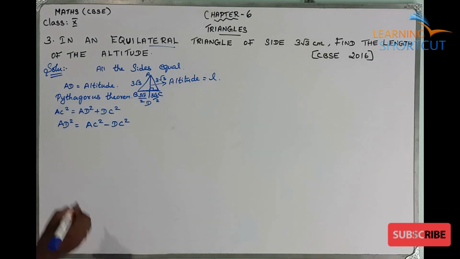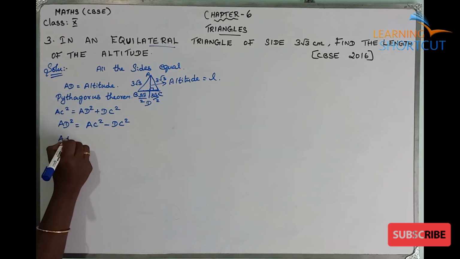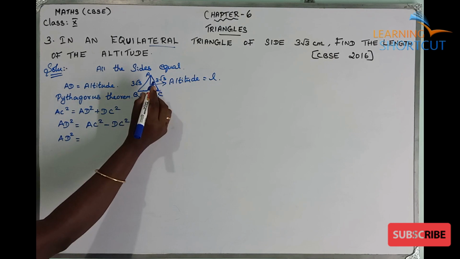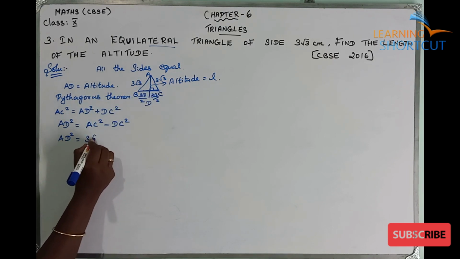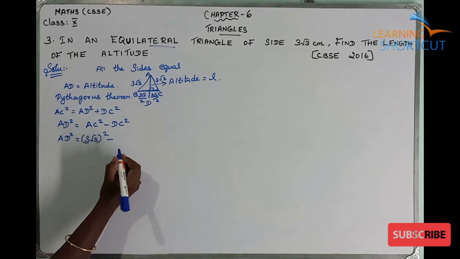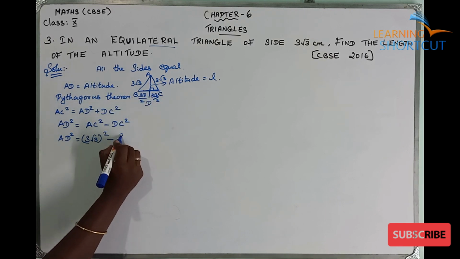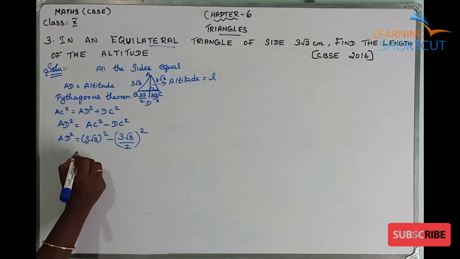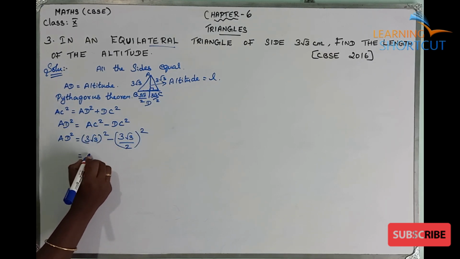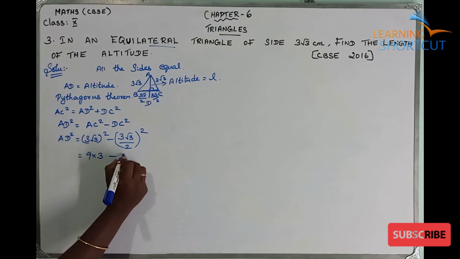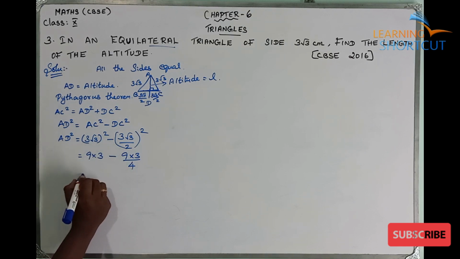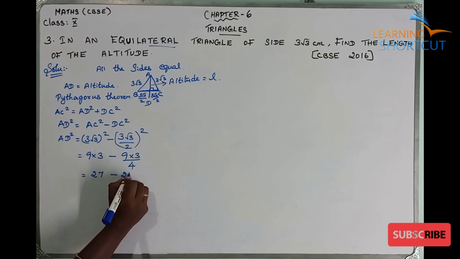Okay. Now substitute the values. So AD square will be equal to, what's the value of AC? 3 root 3 the whole square minus, what's the value of DC? 3 root 3 divided by 2 the whole square. Okay. So 3 square, 3 3s are 9, root 3 into root 3, 3, so 9 into 3, 27, minus 27 divided by 4.